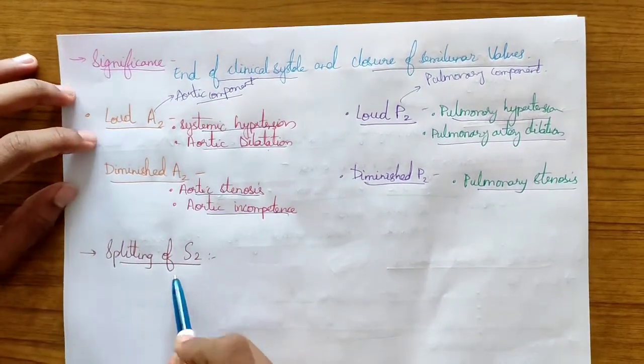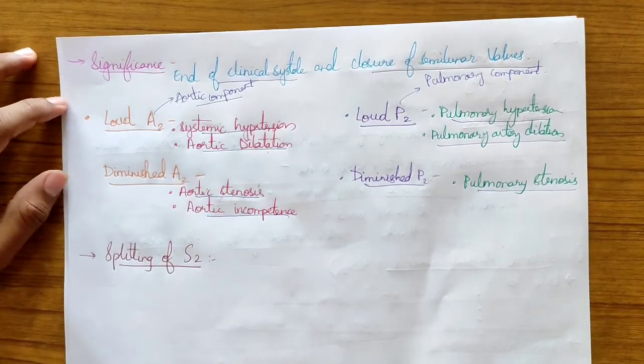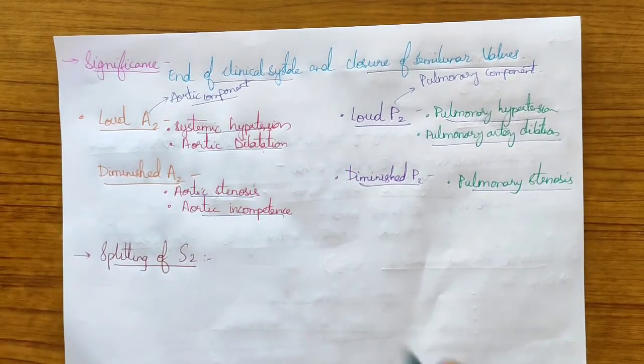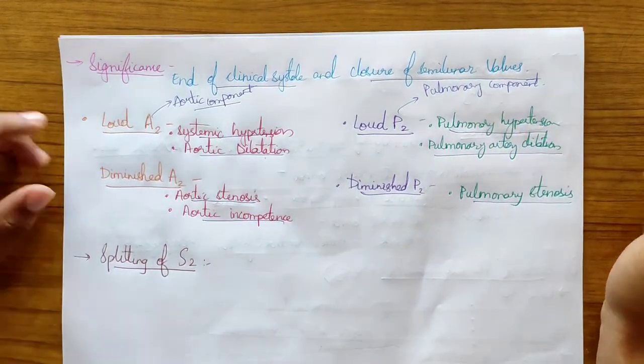Next comes the concept of the splitting of S2, or the splitting of the second heart sound. Because the second heart sound contains both the aortic component and the pulmonary component, there can be splitting in that.